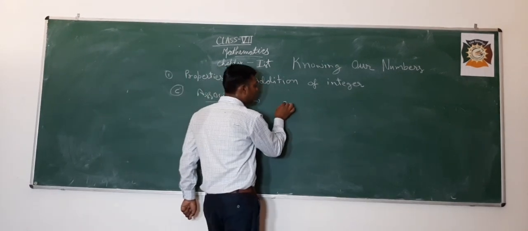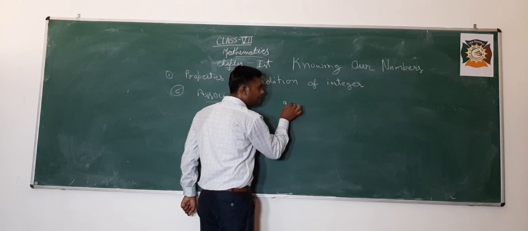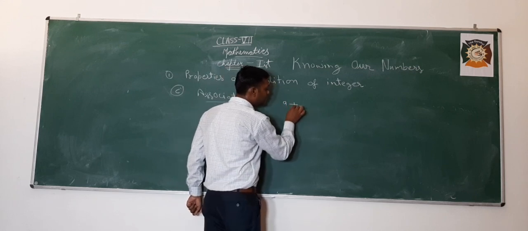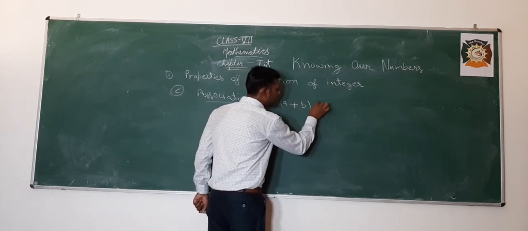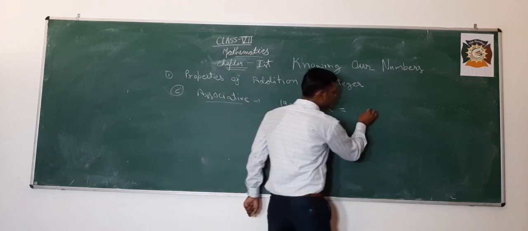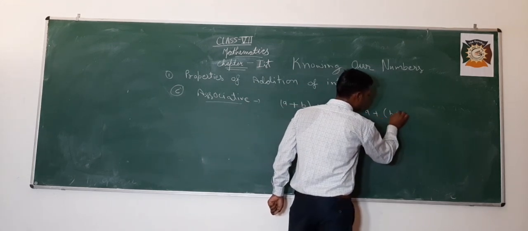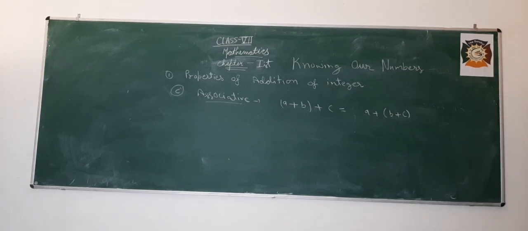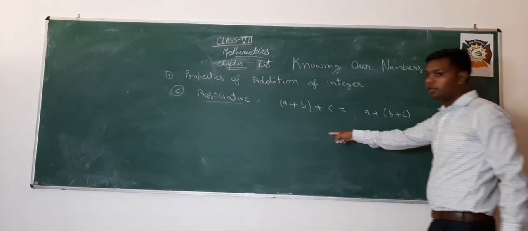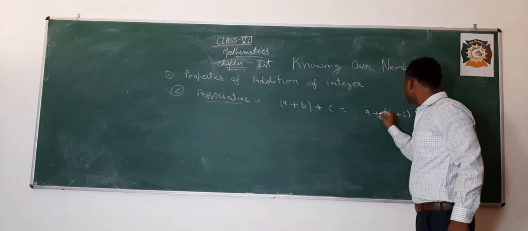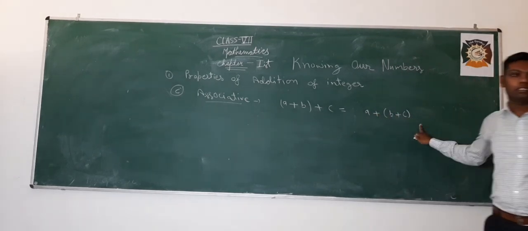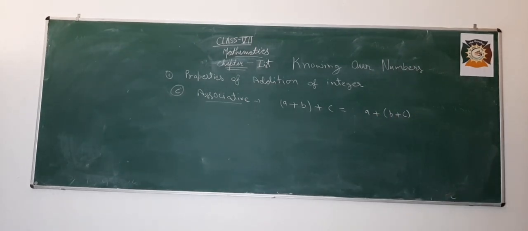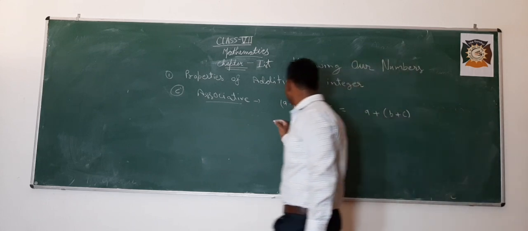Let's say a, b, and c, three integers. Then we add with grouping: a plus b plus c is always equal to a plus b plus c with different grouping. Or we can write, we get the same result if the grouping is changed.